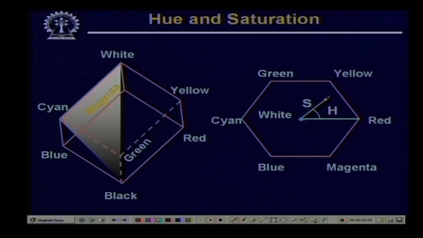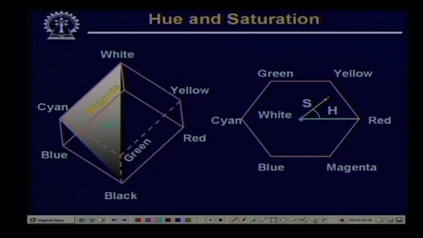So, if I rotate this particular shaded plane by an angle of 360 degree around this black and white axis, the intensity axis, its projection onto this perpendicular plane, which is a straight line, will also be rotated by an angle of 360 degree around the center of this hexagon. Now, this gives us a hint how we can find out the hue associated with a particular color point specified in the RGB color space.